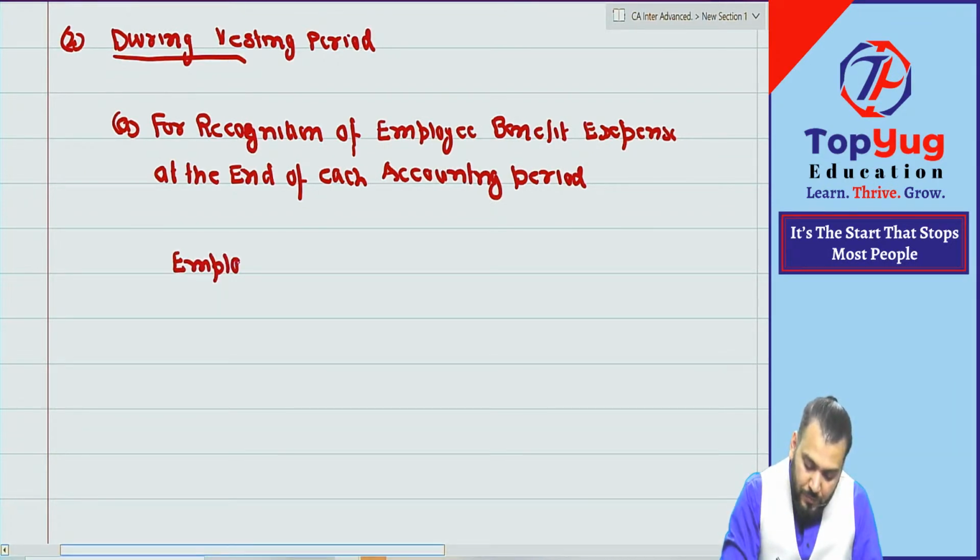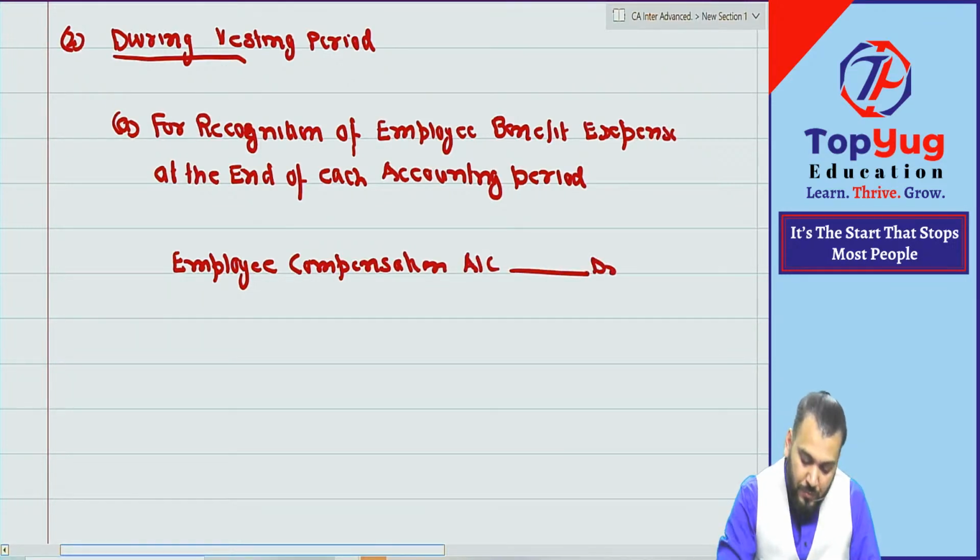Employee compensation account debit to what?